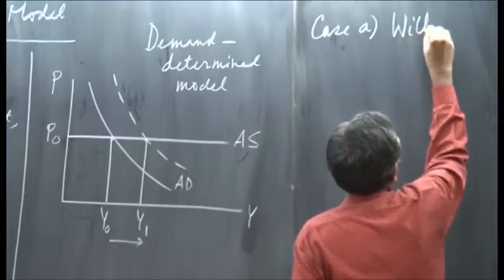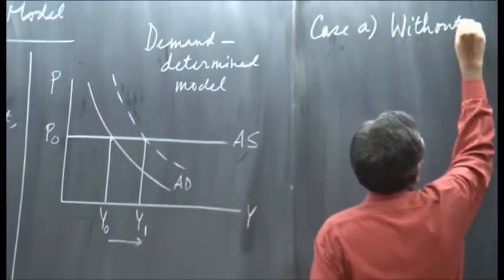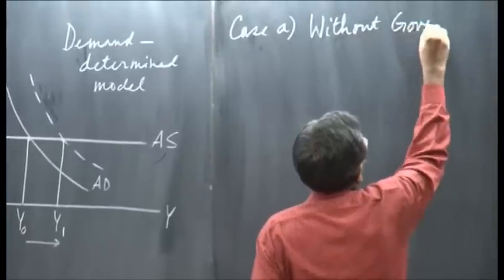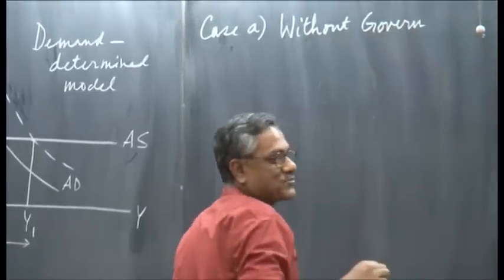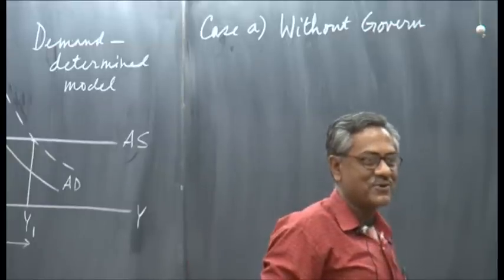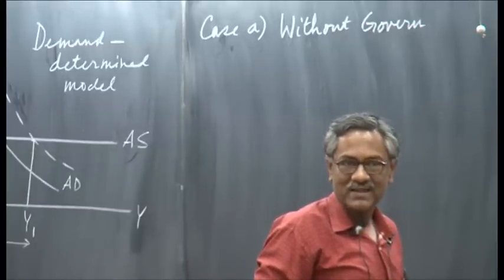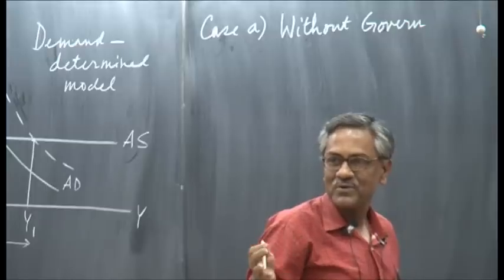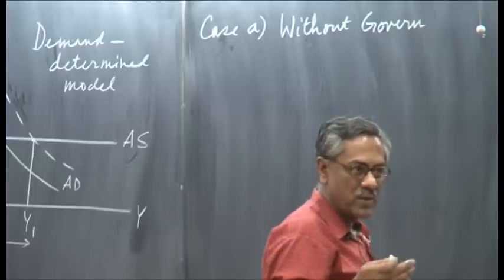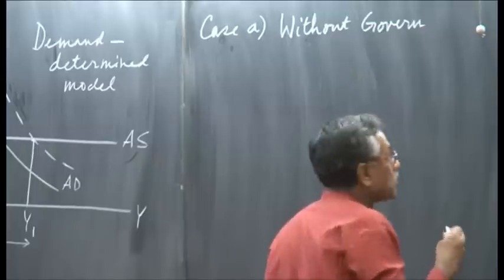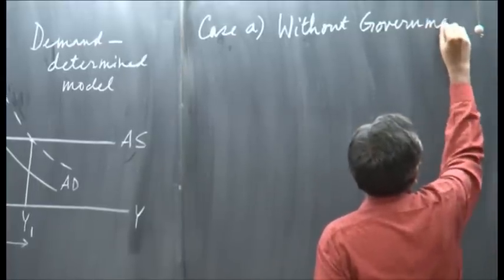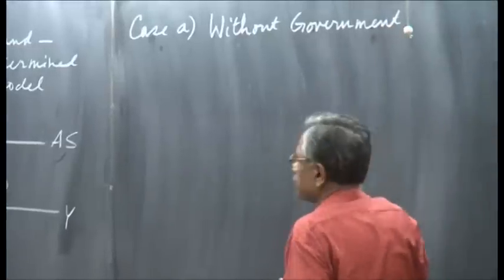So I would consider a model without government. Now look, right from the beginning I'm talking about government. We are in a Keynesian model. Government has a role to play, they always say, unlike the classical model. So I'm already talking about government. It occupies an important place in the model. But for now, I would model without government.